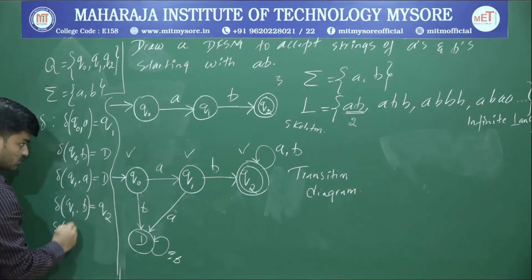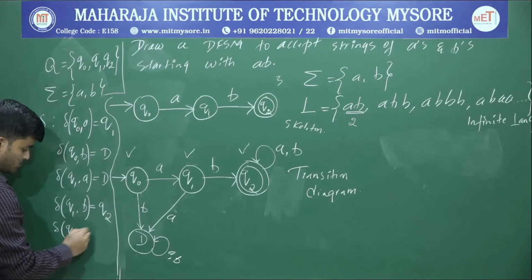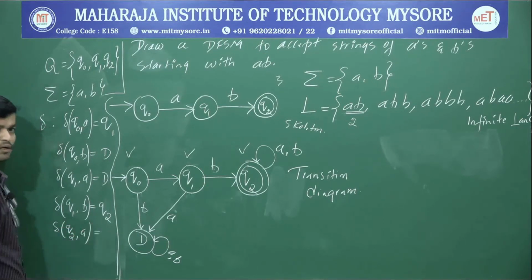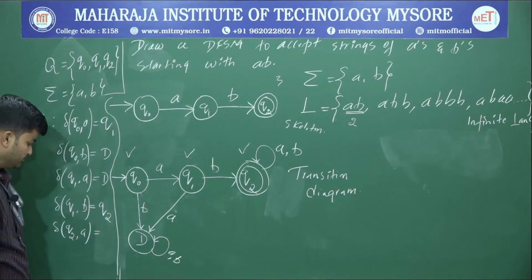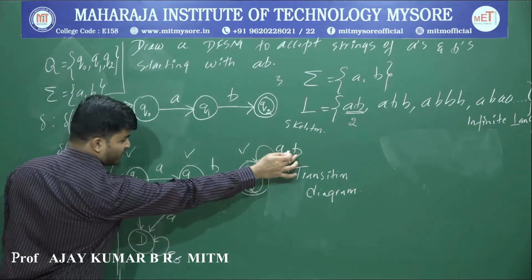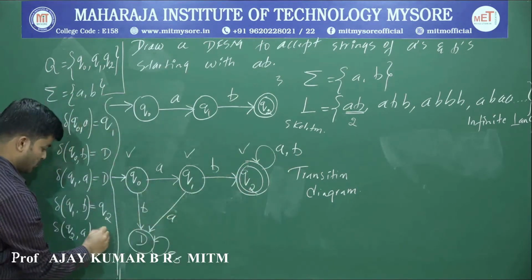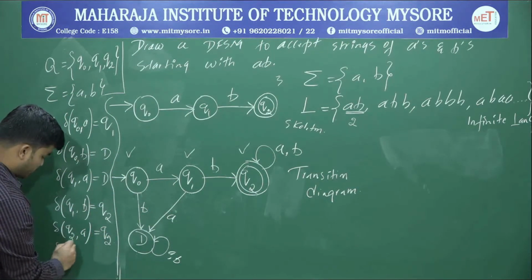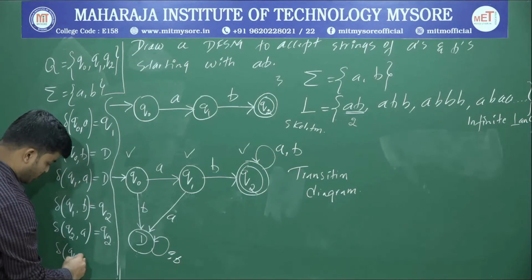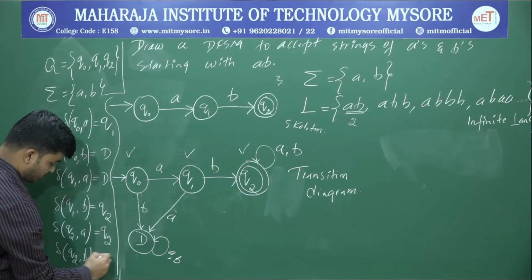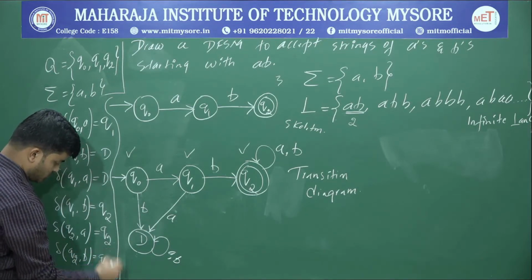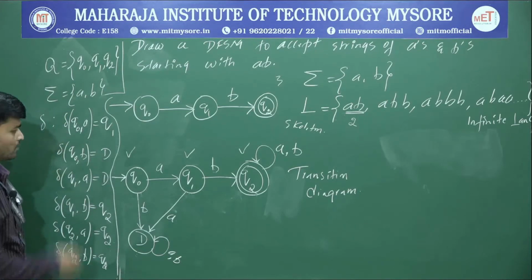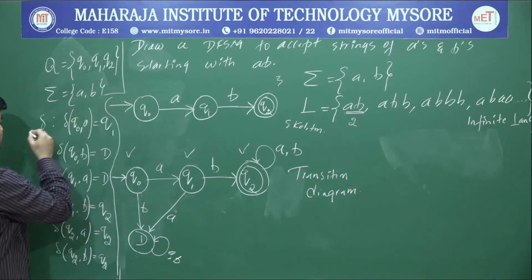What is delta of Q2 comma A? Delta of Q2 comma A, of A and B, it is again Q2. Last one, delta of Q2 comma B is also Q2. So this is your transition function.